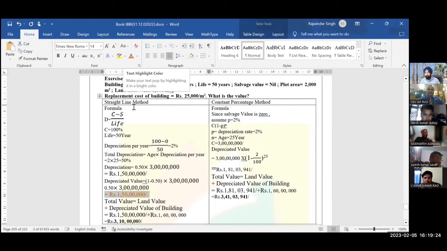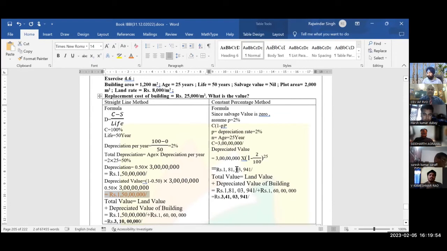Now see, there is another method, the formula C into (1 minus P) raised to power N, WDV, that is also constant percentage. There are two formulas; this is one of them. Now let us assume that P is again 2%, as in the case of the straight line method, we assume P to be the same.